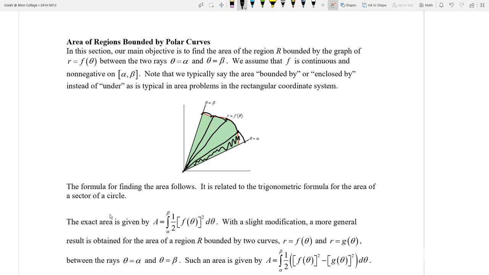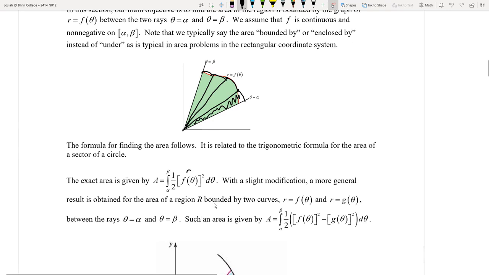So either way you want to look at that, when we go ahead and do that, we're not really going to use a Riemann-esque sum here. We're just going to jump straight into the integral. Here it is. So we've got 1/2, and then our r here, which is f of theta squared.